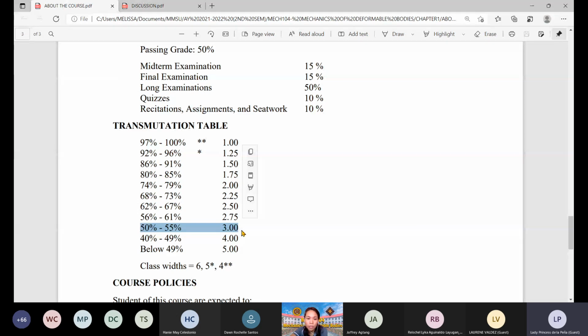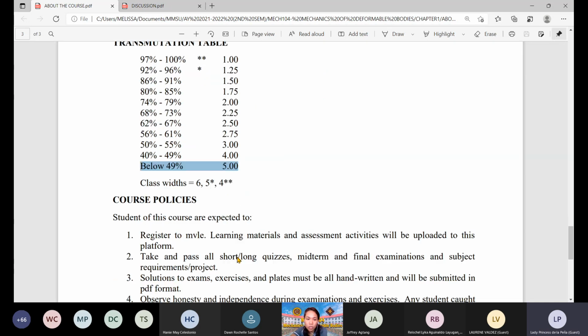Below 50%, or 40% to 49%, is 4.0 or conditional, so they will take removals. Below 40% is automatically 5.0, meaning failed.